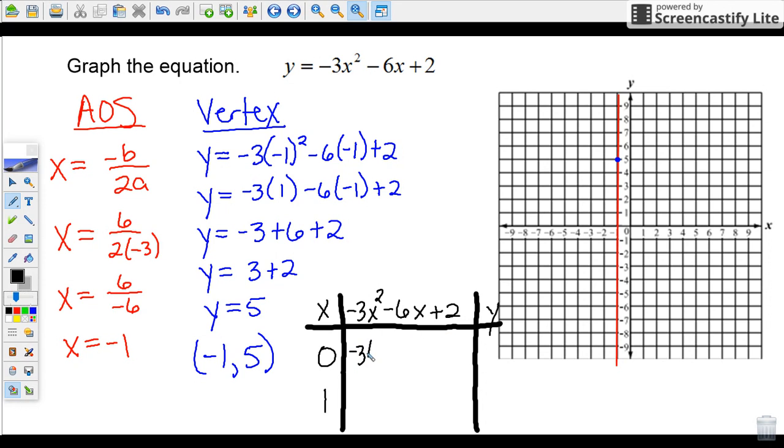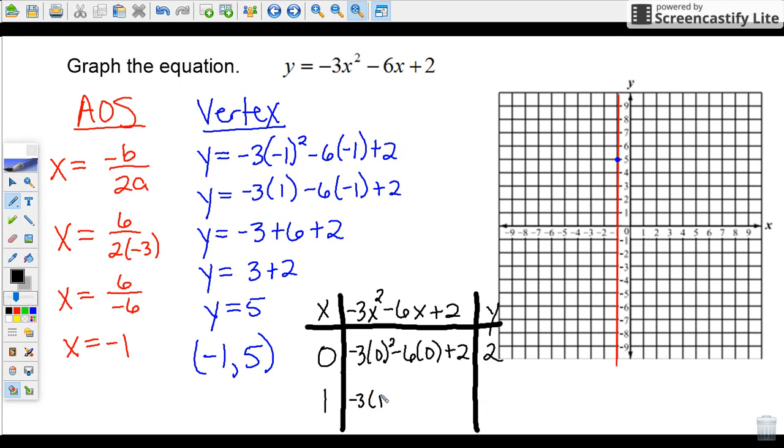So I plug in 0: 0 squared minus 6 times 0 plus 2. When I evaluate that, 0 squared is 0, negative 3 times 0 is 0, negative 6 times 0 is 0, so it's just this plus 2. So 0, 2 is another point.